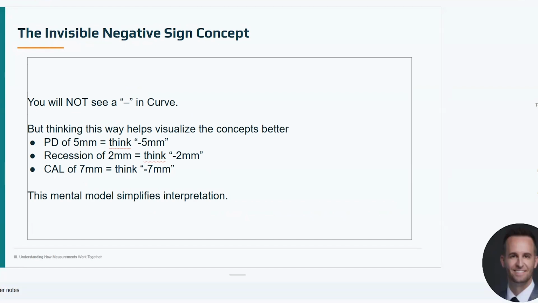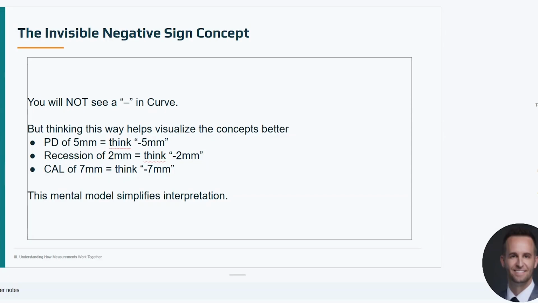But I want you to think of it this way, that there is an invisible negative sign in front of that number, because by doing that, it's going to help you conceptualize what these numbers mean. So it's going to just show a number like 5, in this case, a probing depth of 5 millimeters. In Curve, it's just going to say the number 5.